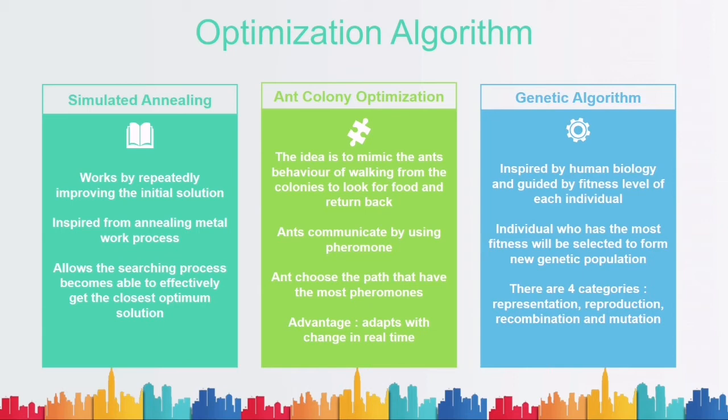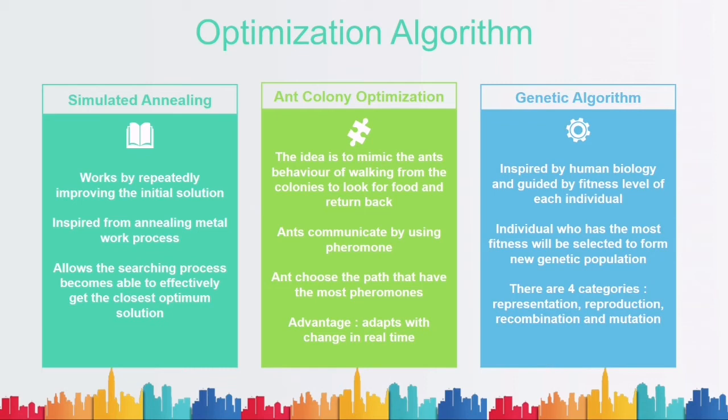Other ants who find the path will follow the trail left by earlier ants. Ants have a special way to communicate by using pheromone, which is a chemical substance. When an ant chooses a path, it will choose the path that has the most pheromone as the optimal path.